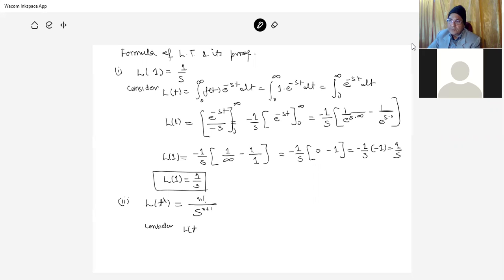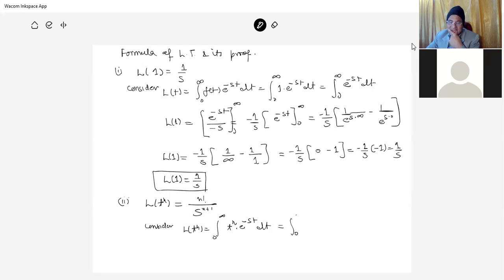L of t raised to the power n is 0 to infinity t raised to the power n into e raised to the power minus st dt.